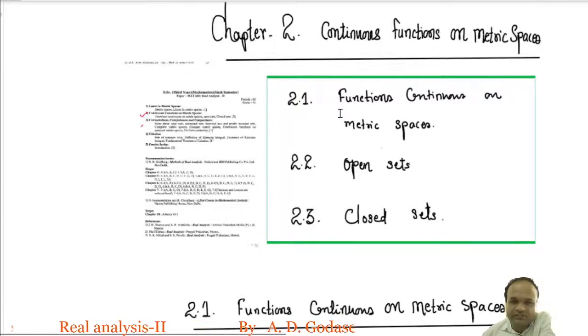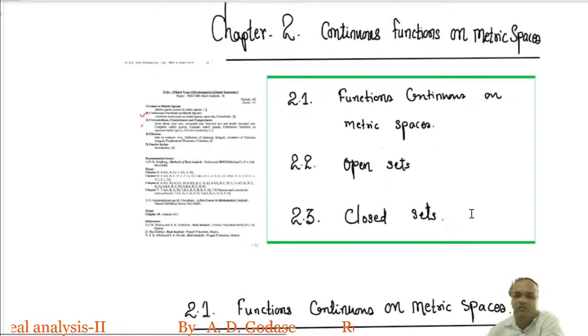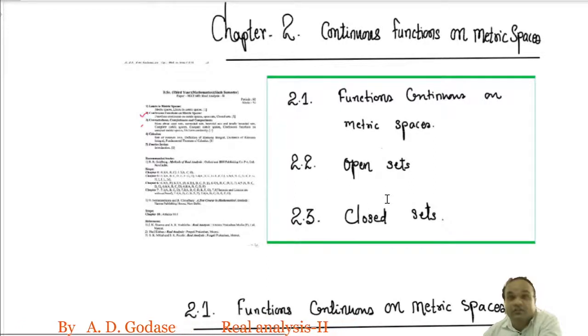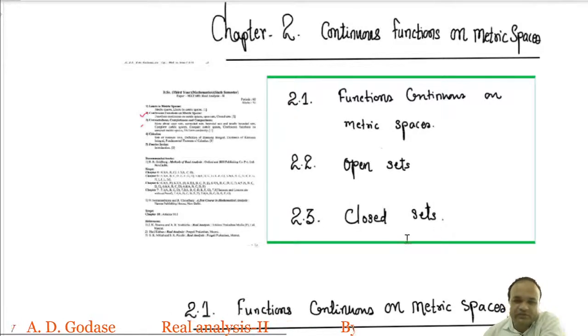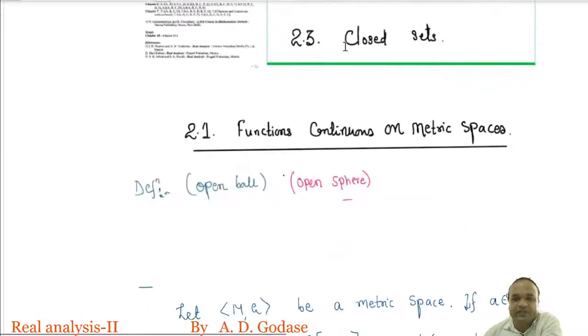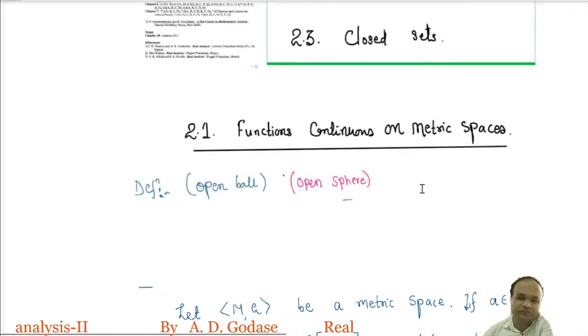In 2.1, we have seen many forms of the definition of a continuous function on matrix space. In 2.2, we have seen the definition of an open set and many theorems on open sets. And in 2.3, we have seen the definition of a limit point of a set, then the definition of closed sets, different theorems on closed sets, and again a theorem on continuity of functions. So this is the end of the chapter.